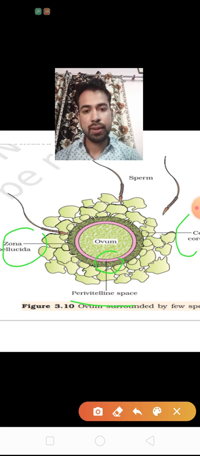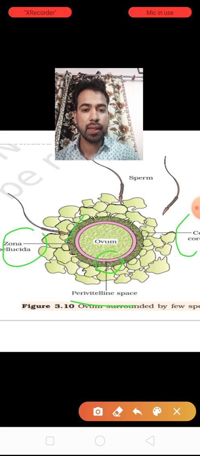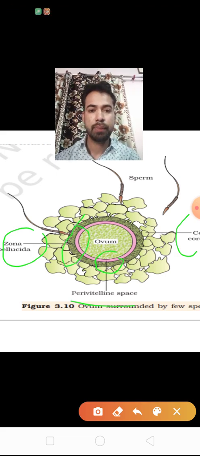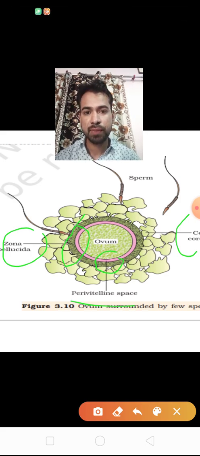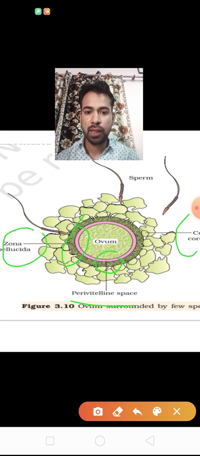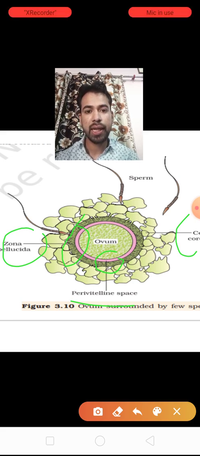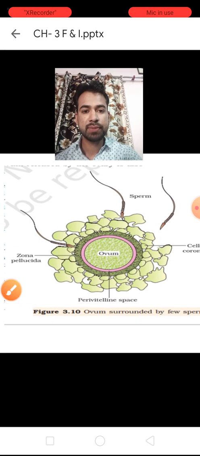So when the sperm comes in contact with this layer, the zona pellucida, it allows the entry of the first sperm. But when the first sperm comes in contact with the zona pellucida, it undergoes certain changes in its membrane. Due to that, it blocks the entry of additional sperm. Clear? Got what I am saying to you?